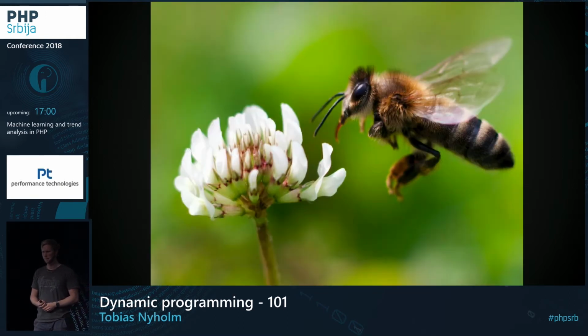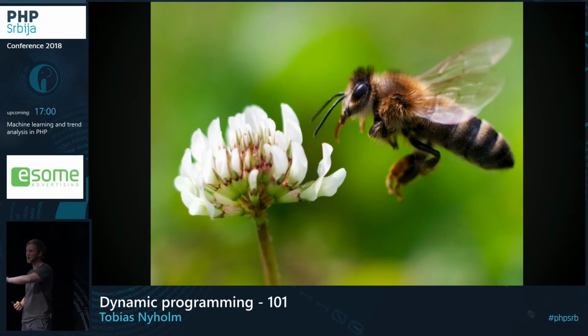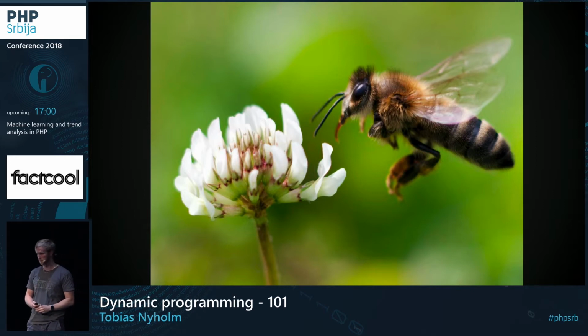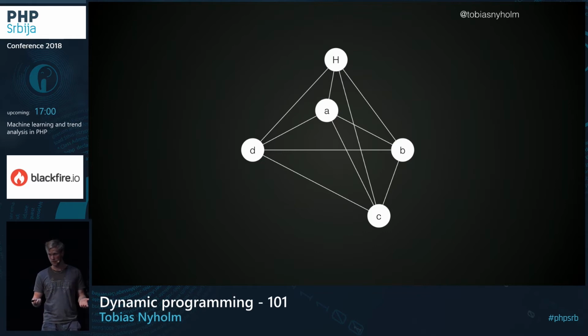This is a bumblebee. It weighs about 1/10 of a gram. As you know, a bumblebee lives in a hive, and then it flies around to all the flowers, A, B, C, and D, to collect pollen or nectar or whatever. And it always finds the shortest path between the flowers and then gets home.